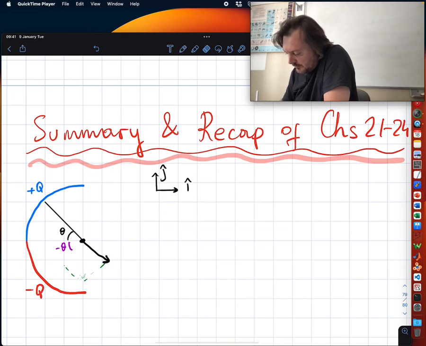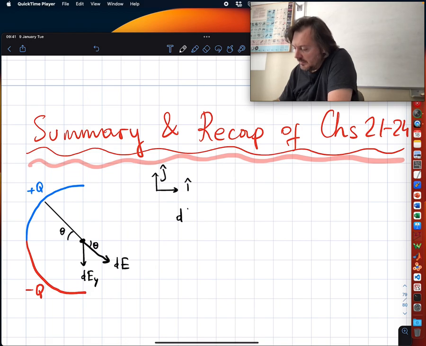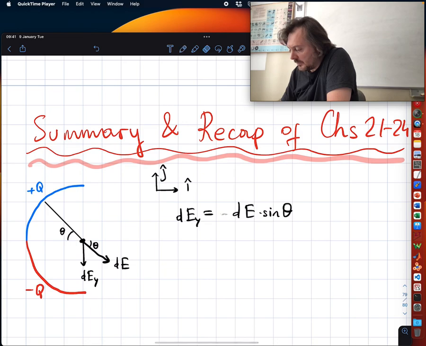So how can I calculate this dEY over here? dE times sine theta. Yes, very good. But with a negative sign, right? dEY is negative dE times sine theta. Actually, let me not bother you with negative signs. We will put the direction at the end, okay?